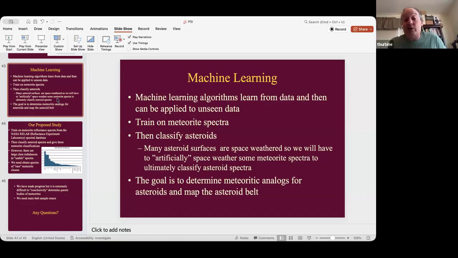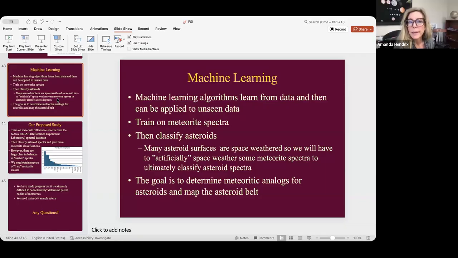So our goal first is can we do the meteorites, and we believe we can, and then we're going to have to do stuff for the asteroids, because you're looking at the interior of the meteorites, but when you measure reflectance of an asteroid, you're looking at the top surface, the top microns.